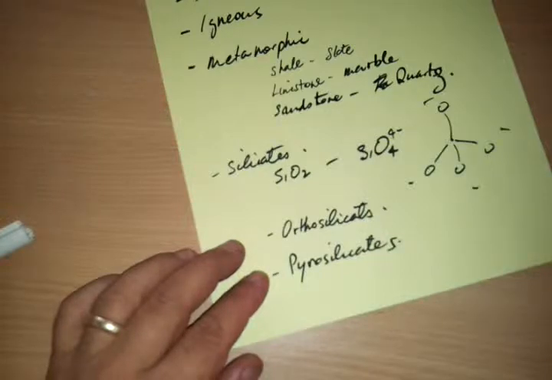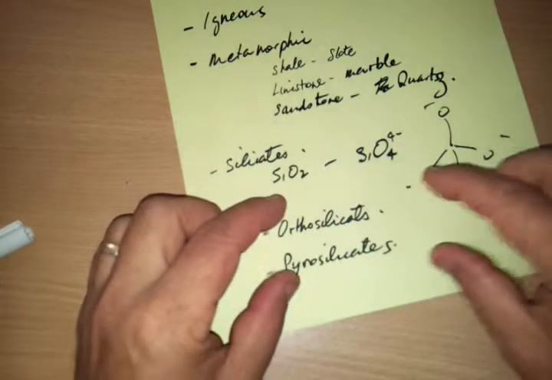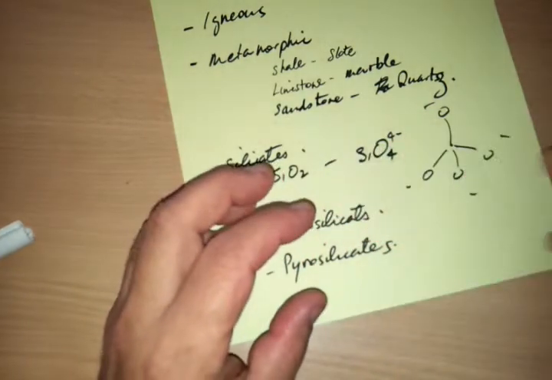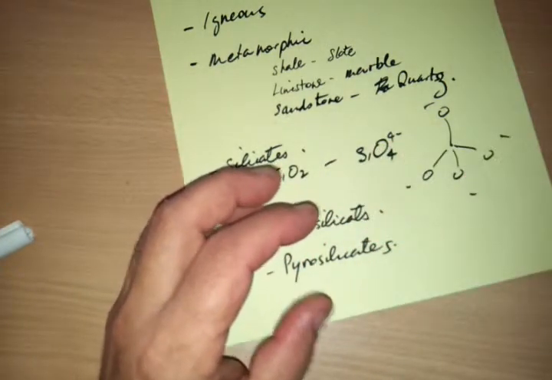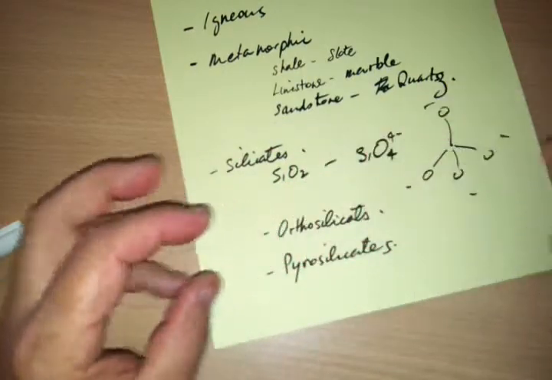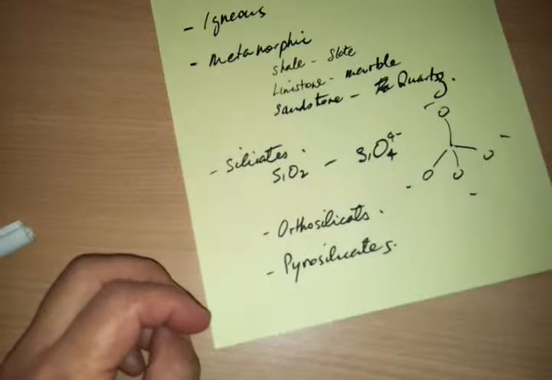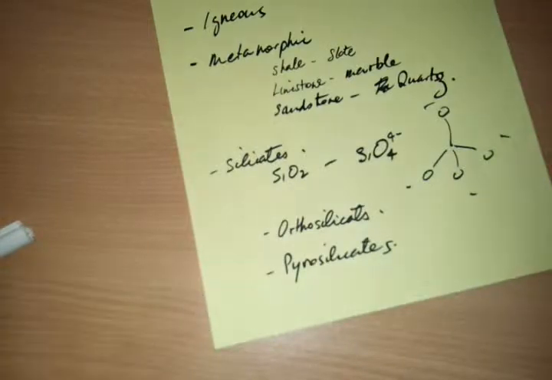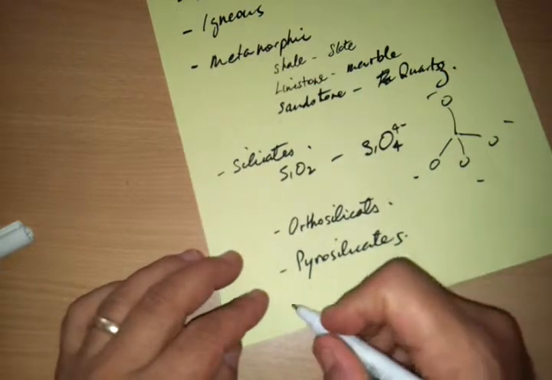a good example of what can happen when you can get long chains of these silicon tetrahedra forming, or you can have the three-dimensional shapes. So almost like a polymer kind of style of thing, a long chain can form of these tetrahedrons. A good example of what can happen here is asbestos.